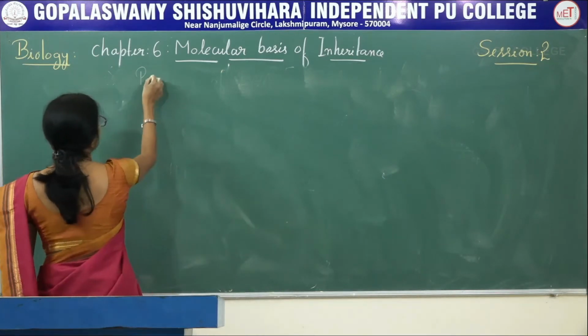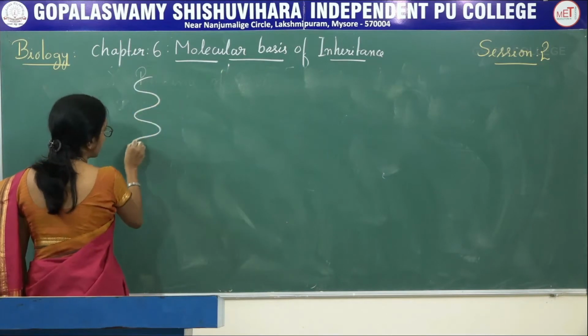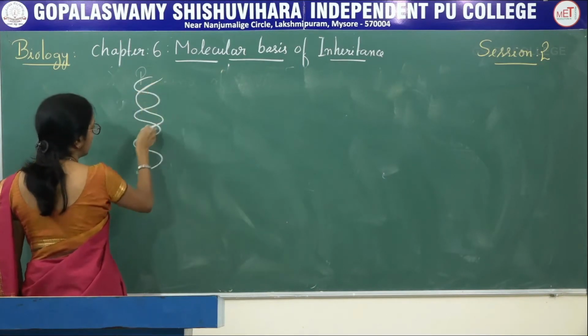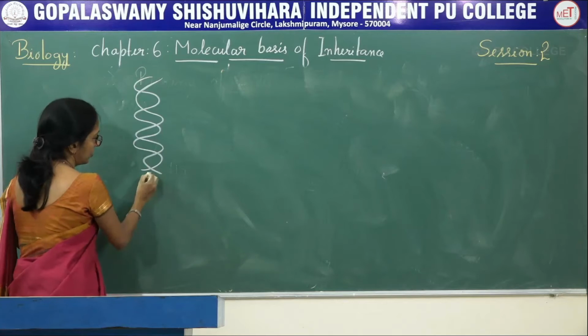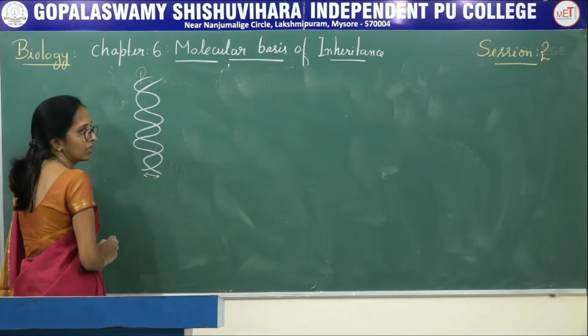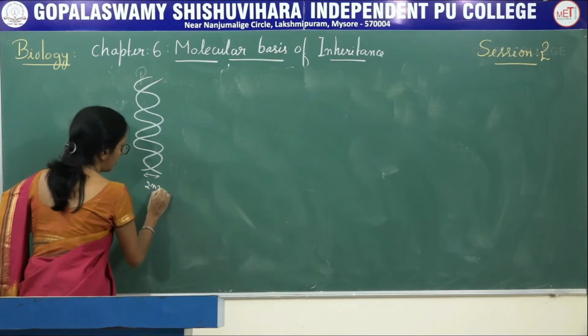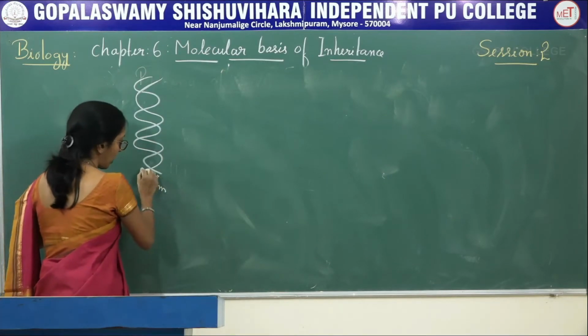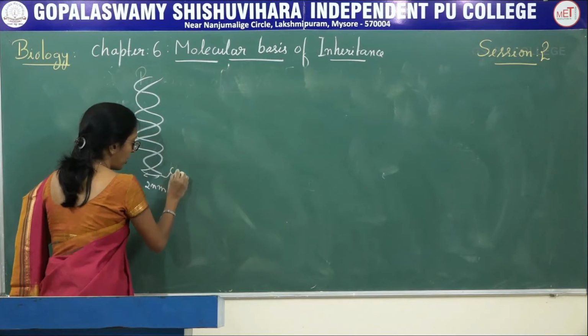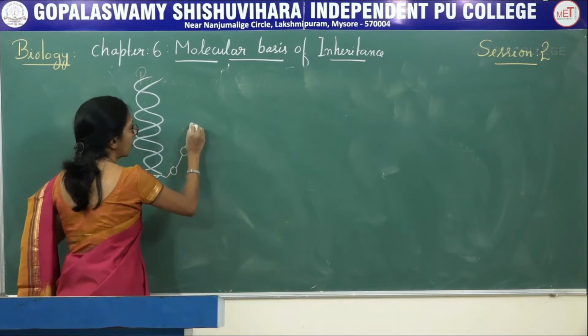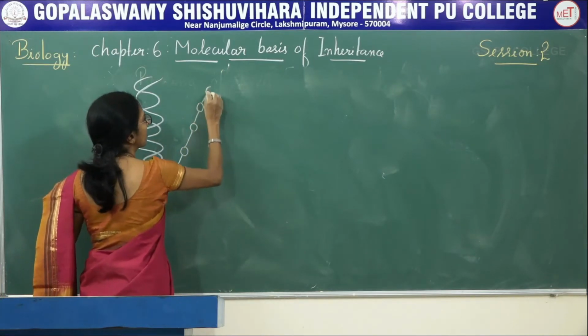Now imagine here, this is the DNA strand. The width is how much? 20 angstrom or 2 nanometer. And here these two now result in the formation of this beaded structure.